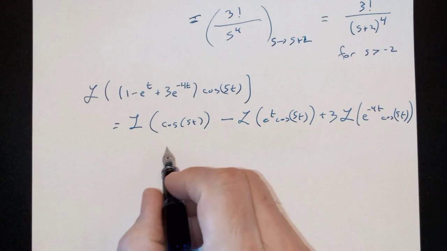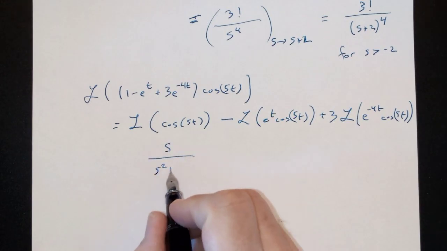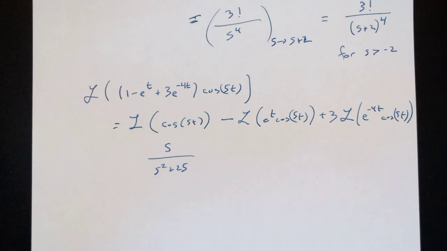Exactly. So it'll be s over s squared plus 25. And again, because this is a cosine, I know that's good for s bigger than 0.